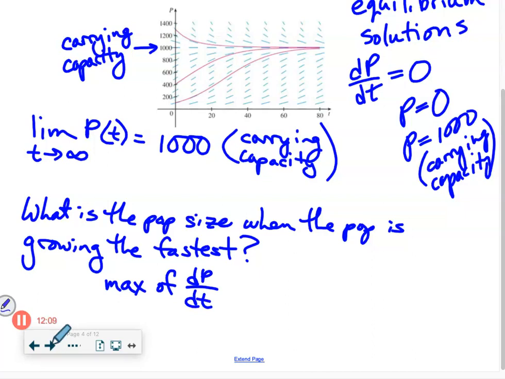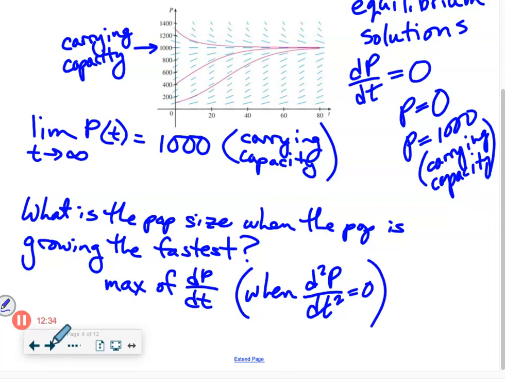Well, how do we find a max? We find the derivative, we set it equal to 0, we find our critical numbers, we make a sign line, whatever it is that we do. So what we're really looking for is when d squared P/dt squared, we're looking for a point of inflection on P. So in other words, a point of inflection on P. How do we know when we have a point of inflection?